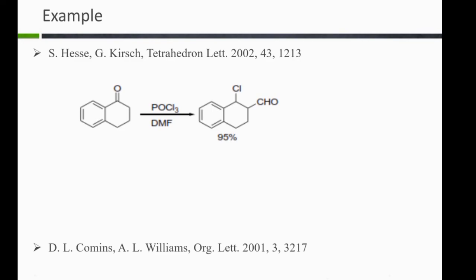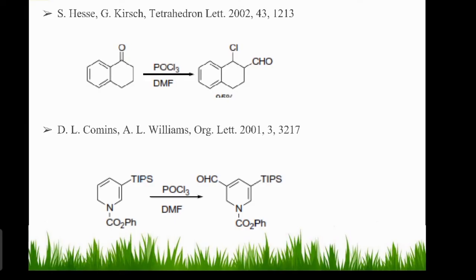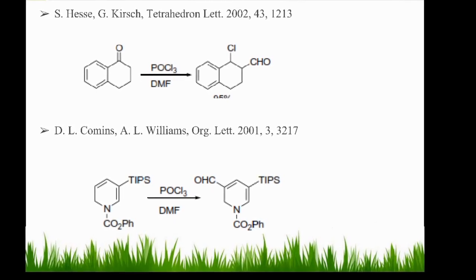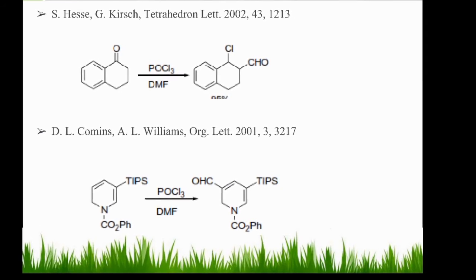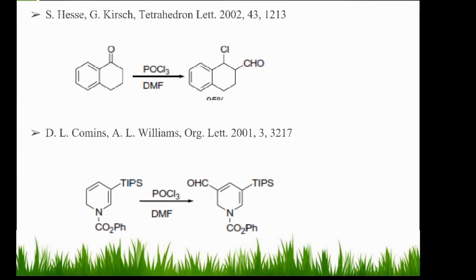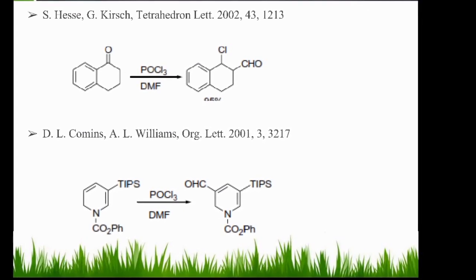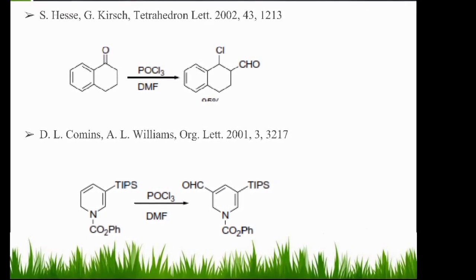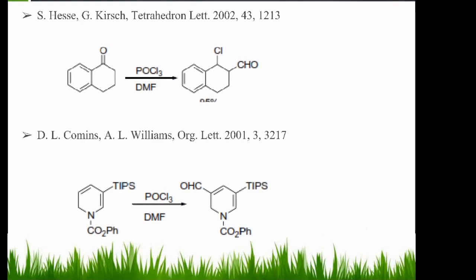And the examples for the Vilsmeier-Haack reaction, one is this. Another one is this. And interestingly, the Vilsmeier-Haack reaction goes well with quinoline compounds; many reactions are done for them.